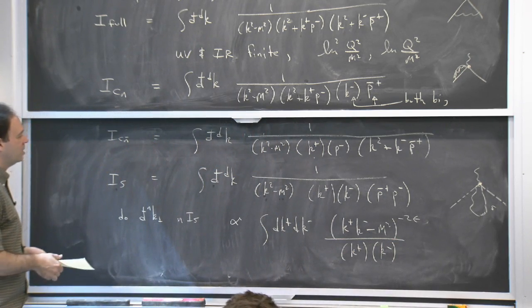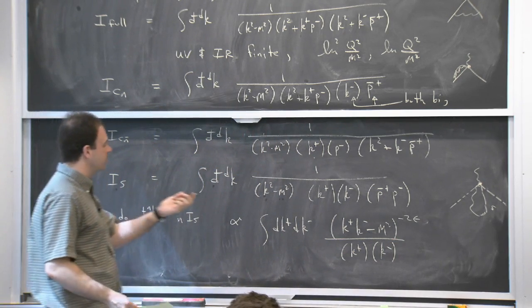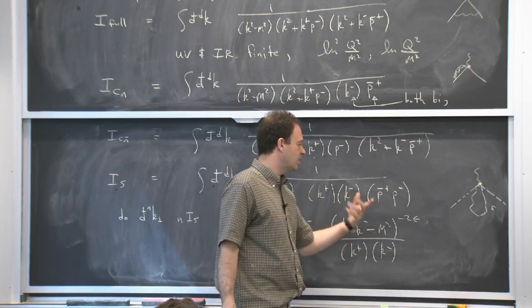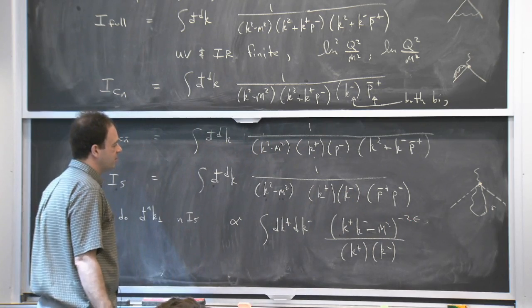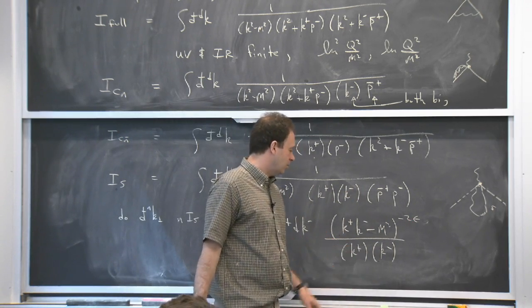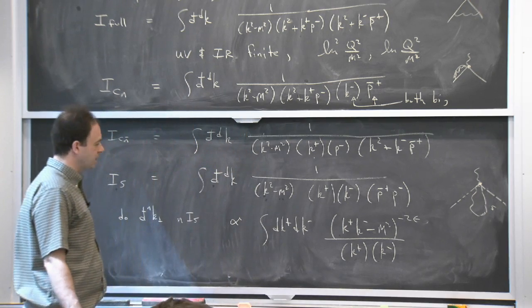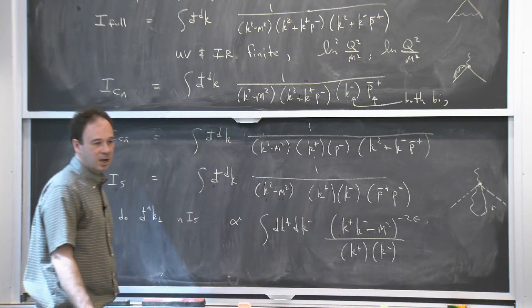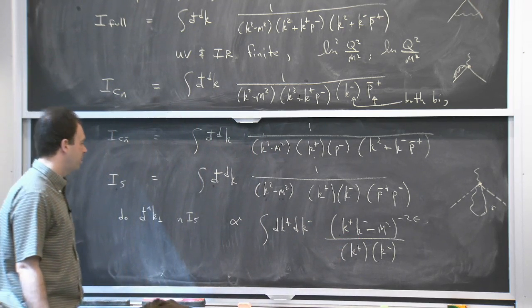Perp is gone. Plus times minus is being regulated, because if plus times minus grows large or grows small, it would be regulated by this epsilon. But either one, plus going large or minus going large, or plus going small, minus going small, with plus times minus fixed, is not regulated. And that's the rapidity divergence.